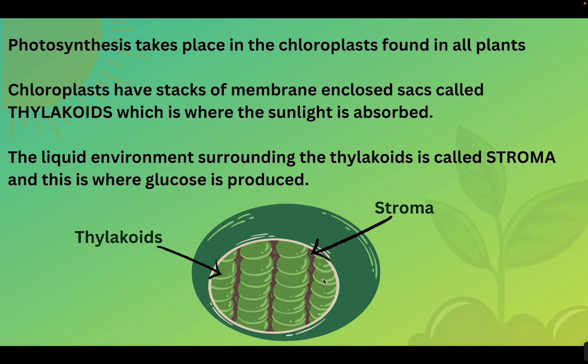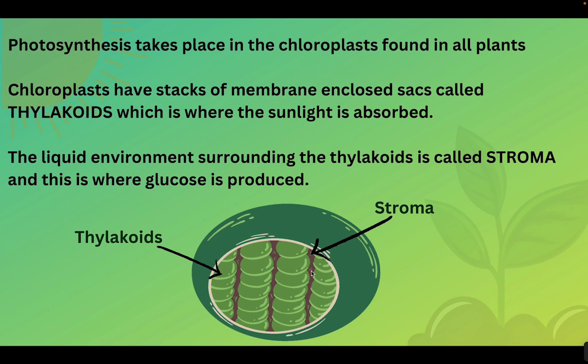And that is because this is the part of a chloroplast where the sunlight will actually get absorbed. So these little thylakoids, our pancakes here, are going to be taking in and absorbing the solar rays as they come in. Around the thylakoids, we have this liquid environment, and we call that the stroma.